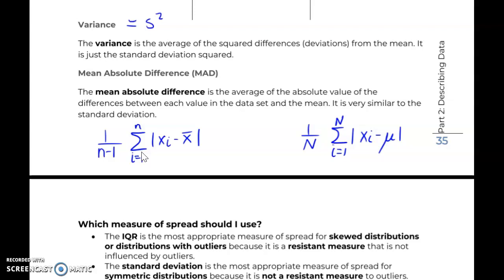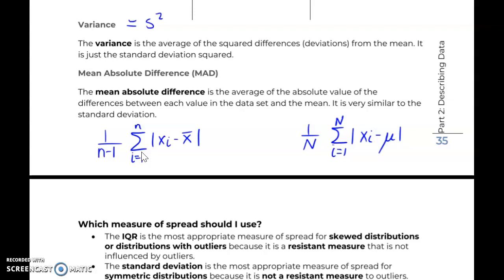It's very similar to the standard deviation. It's not very often used. I just wanted to kind of introduce it quickly. We don't really spend any time looking at mean absolute difference, but again, to show you there's many different measures of variation, just like there were many measures of center over here.